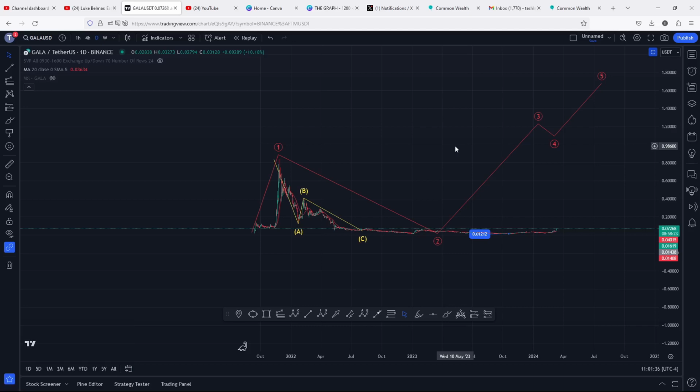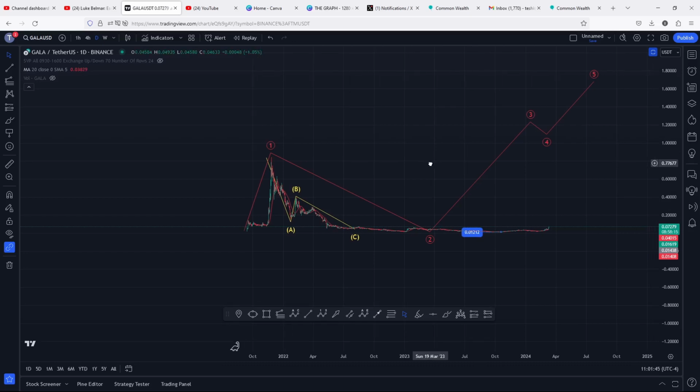And allow me to start the video here on the daily chart by first focusing on the long-term price action that we can expect on the Gala Games chart, basing my analysis on the Elliott Wave structures, where you can see that back in 2021 we saw these significant lows before we saw an aggressive move taking us to all-time highs above the $0.85 mark, in a move that I have now been terming as the formation of these Elliott Wave count 1.